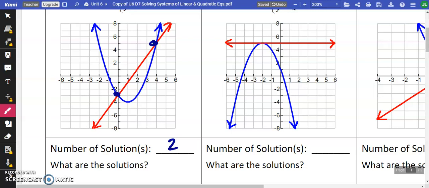To say what the solutions are, I'm simply going to list the points where the two curves cross. So it looks like we have one point down here at (0, -3), and it looks like we have our second point up here at (4, 5). So those two points would represent the solutions for this system.